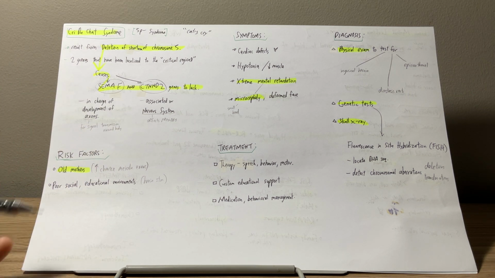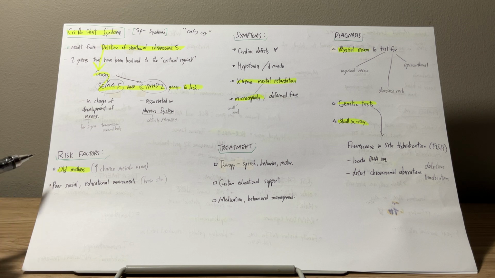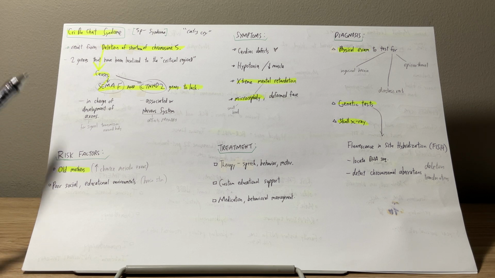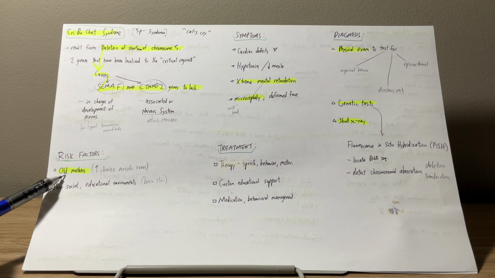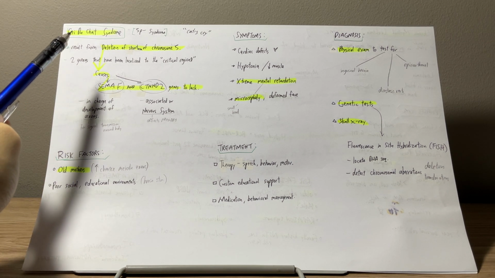So, what are risk factors? So, old mothers, there's a higher chance for meiotic errors. Not specifically old mothers, but if they conceive children at their old age, there's a good chance that the child would have this specific disease.